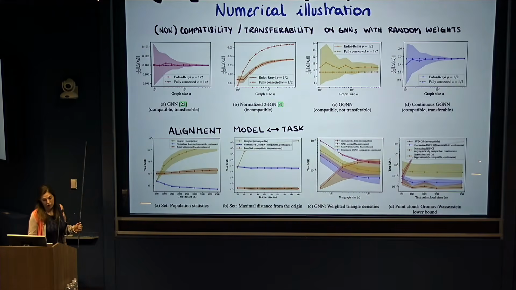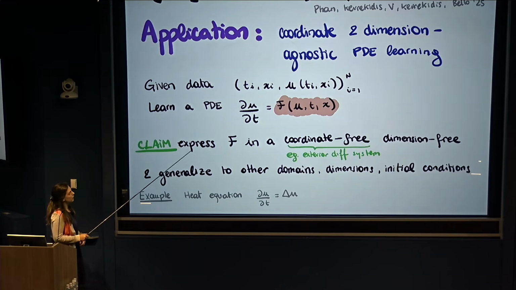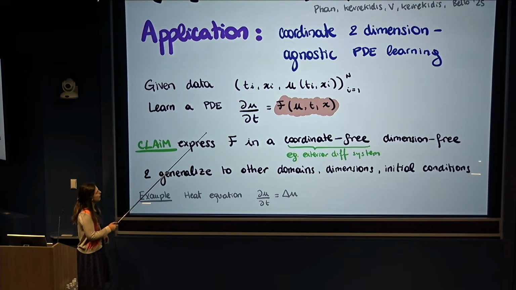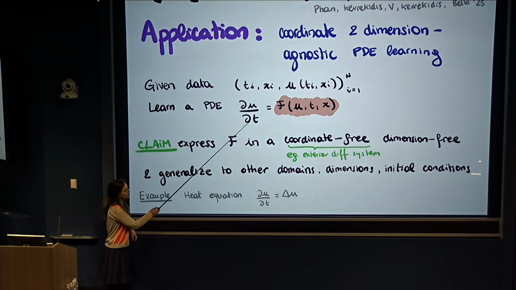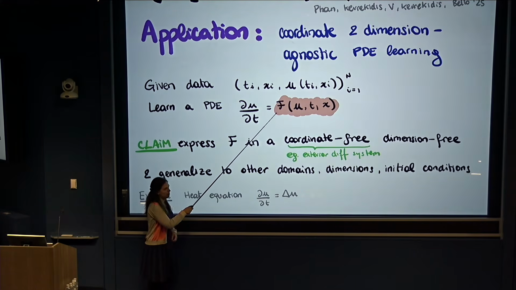And finally, I'm going to show you an application of these ideas to learning PDEs. So the idea is the following. I'm just going to give you a simple example of how you can apply any-dimensional learning for learning PDEs. Say that I have some data that satisfies a PDE, and my goal is to learn this PDE from the data.